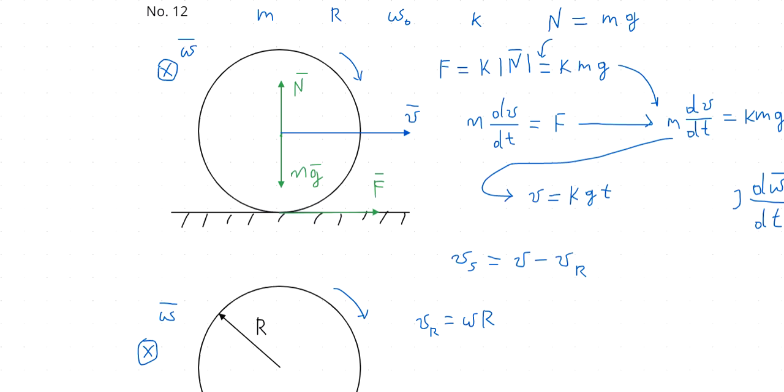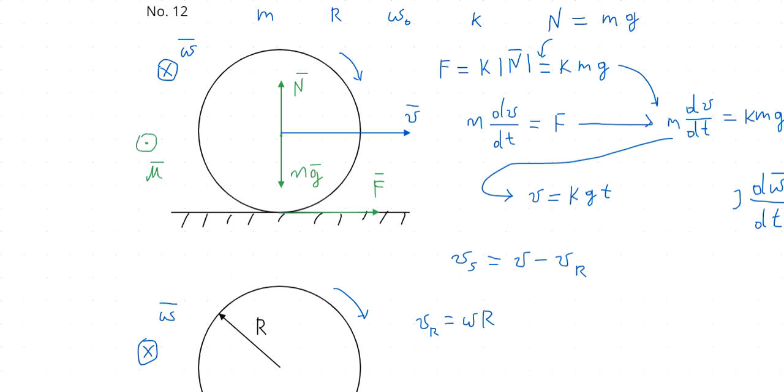It is simple to do because the moment of force of friction is directed against, it opposes rotation. So the direction of the moment of force of friction is from the screen to us. So this is the direction of the moment of force of friction.